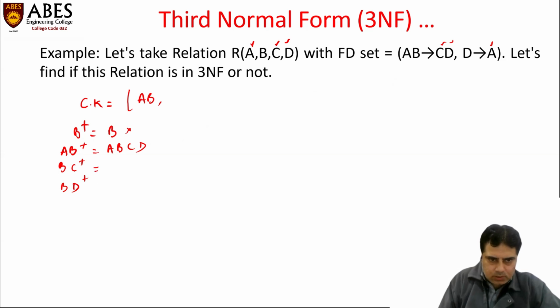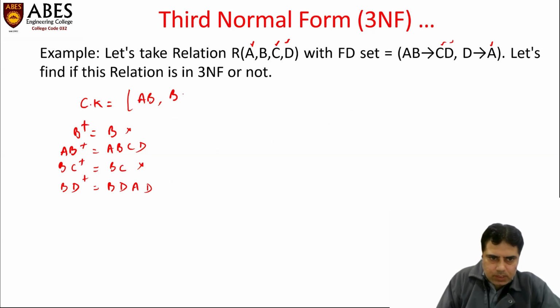Now check further. BC: we can determine BC, and from BC we cannot determine further. So this will not be a candidate key. Now check for BD. From BD, D determines A and AB determines CD.